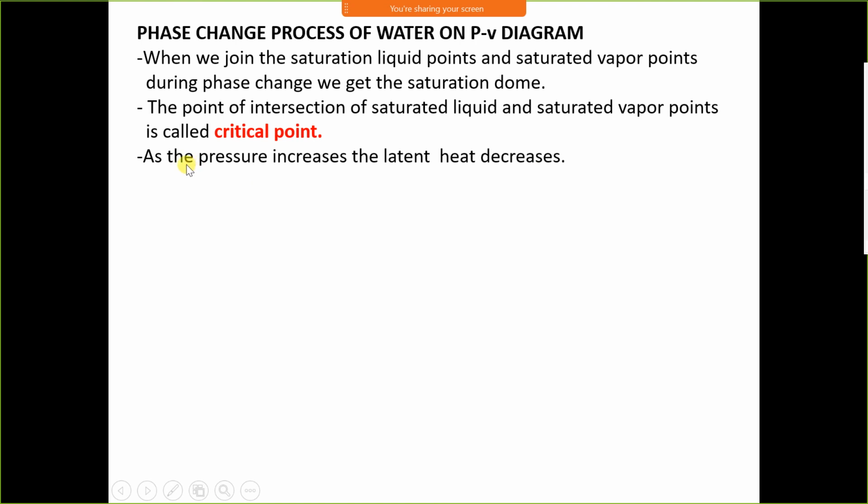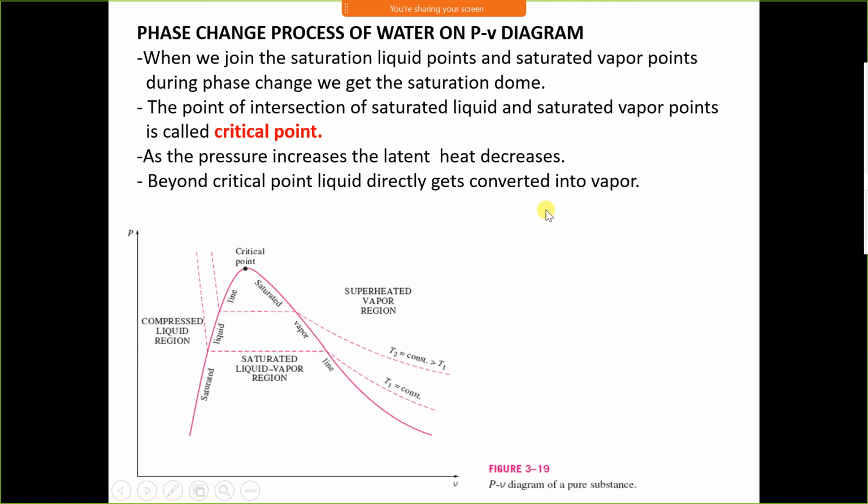I have explained, as the saturation pressure increases, latent heat decreases but sensible heat increases, because as the pressure increases, saturation temperature also increases, and we require more sensible heat to raise the temperature of the liquid up to that saturation temperature. Beyond the critical point, liquid directly gets converted into vapor.